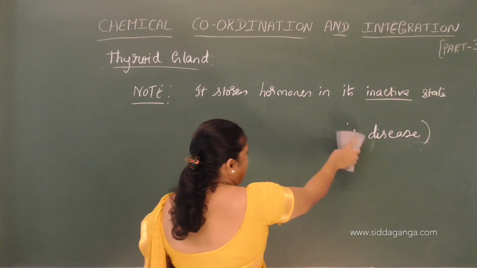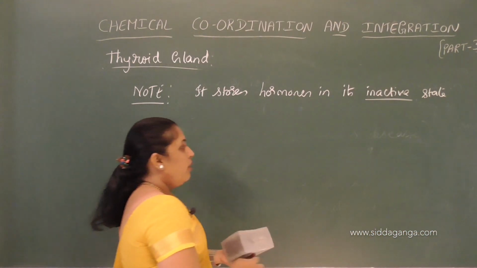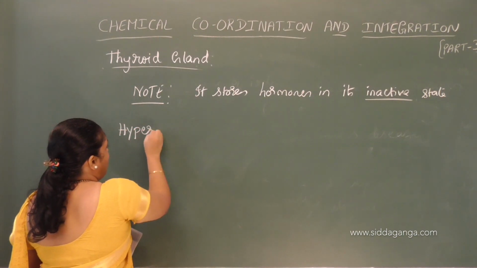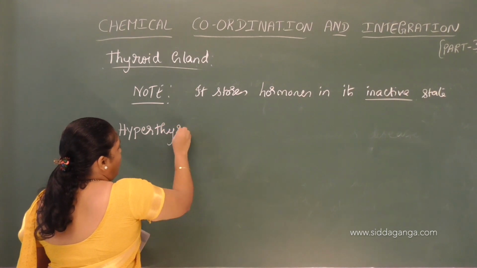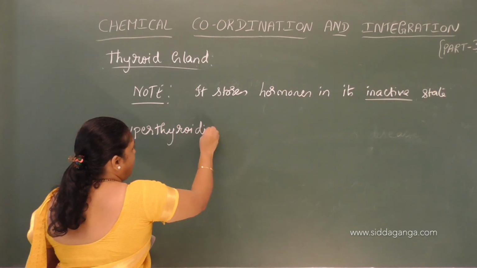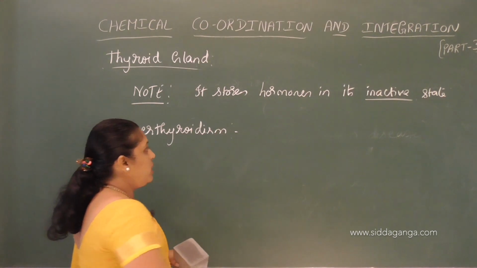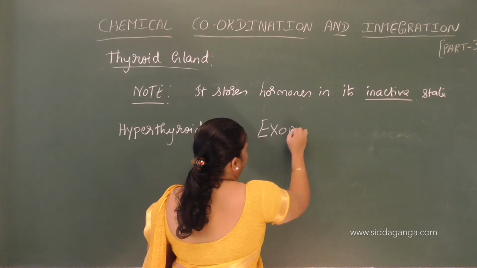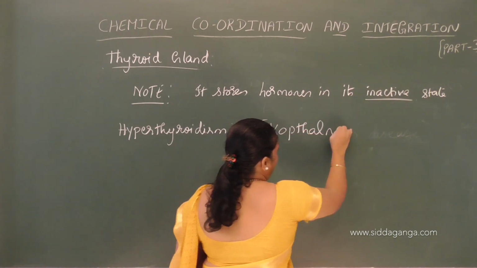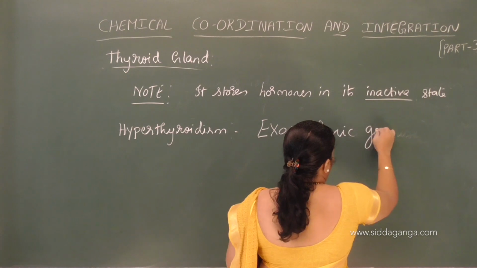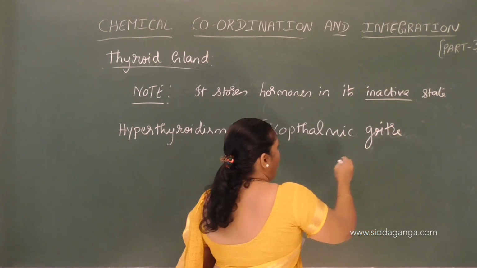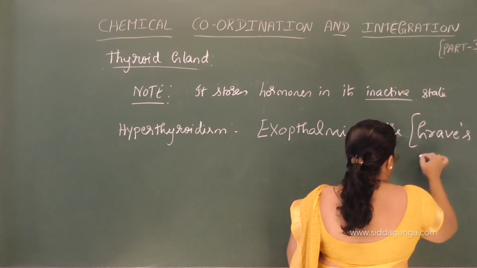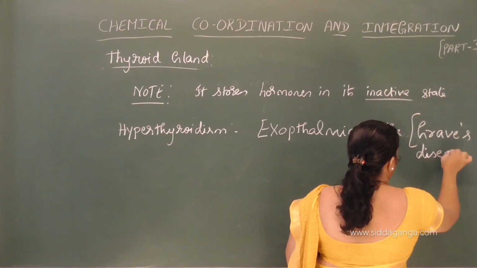And hypersecretion or hyperthyroidism. In hyperthyroidism we see a disease called exophthalmic goiter. It's also called Graves' disease.